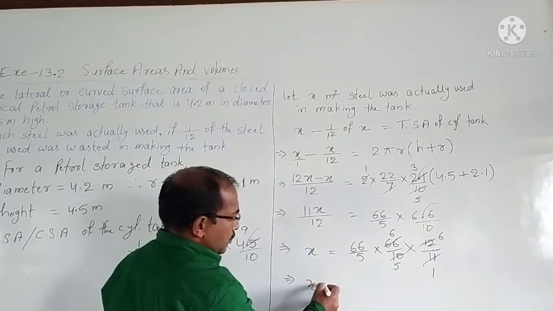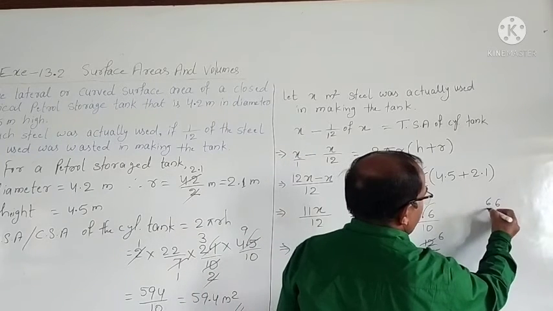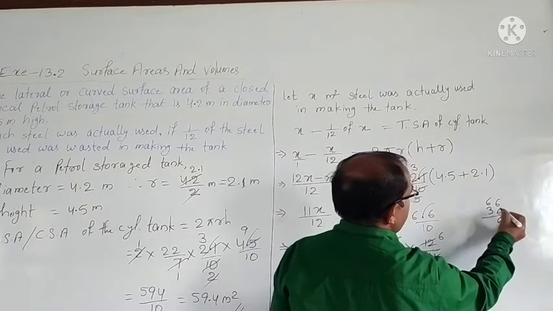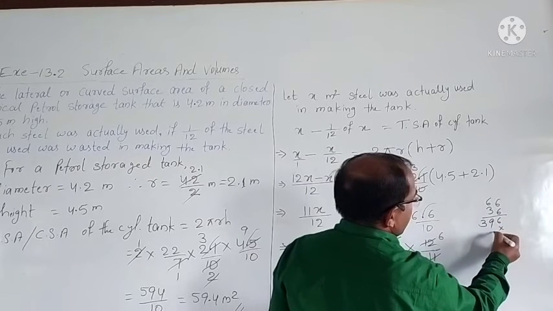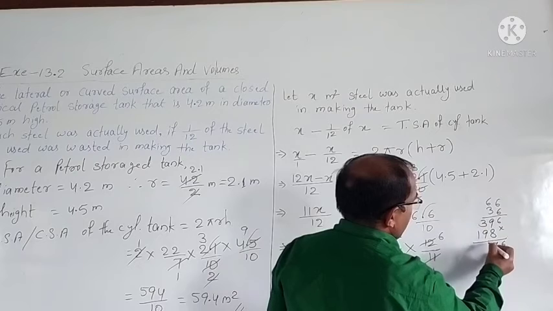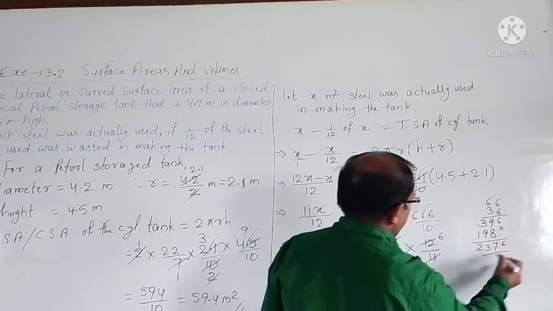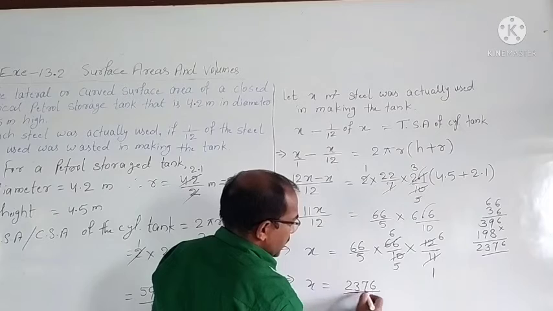So x is equal to 66 into 36, 6 sixes are 36, 6 threes are 18, and so on. We get 2376 divided by 25.